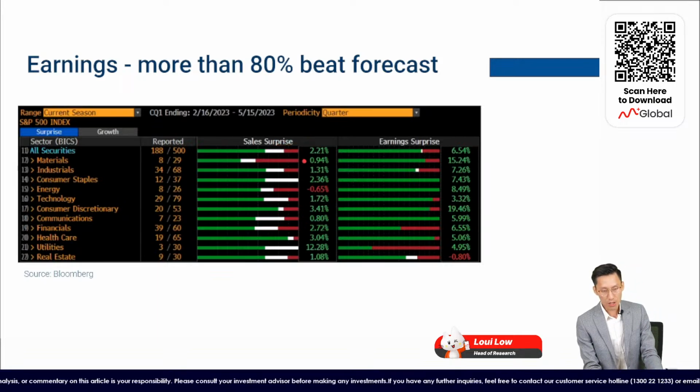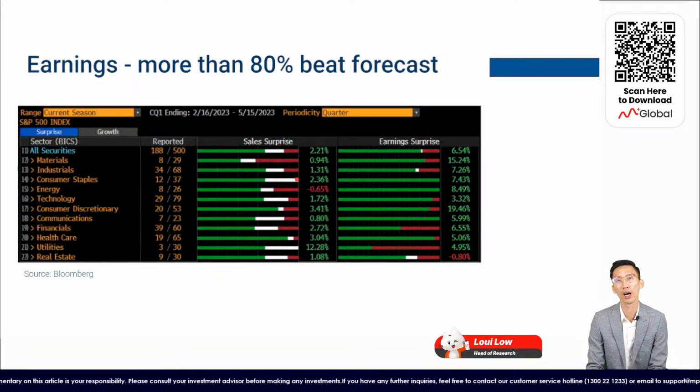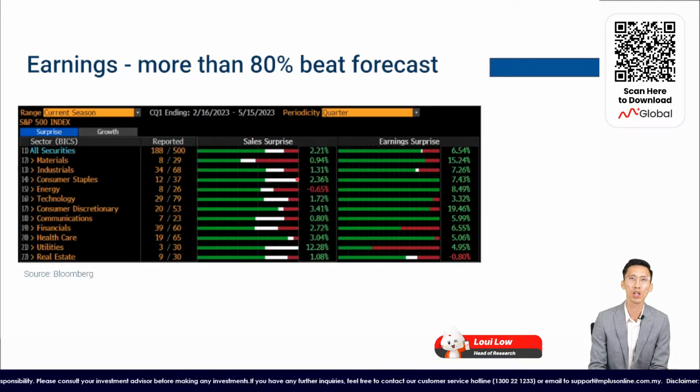So another view to what we are looking at right now in the US is that a lot of companies in the US are actually beating the consensus expectation.